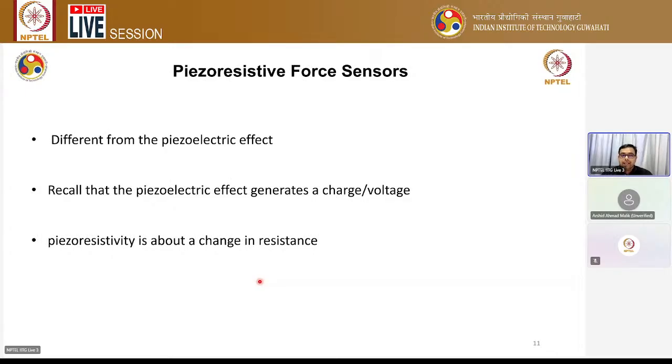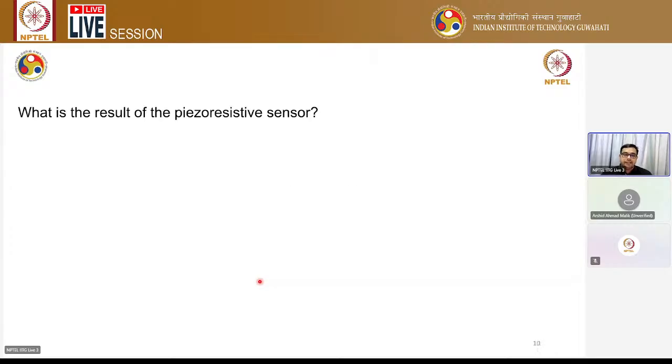Usually these piezoresistive devices are connected in a Wheatstone bridge, so even if the output is in the form of voltage, sometimes it can be misleading. The output of the piezoresistive sensor is basically in the form of change in resistance.